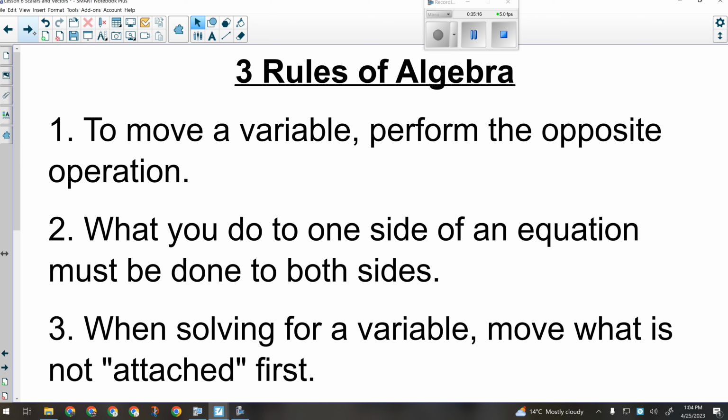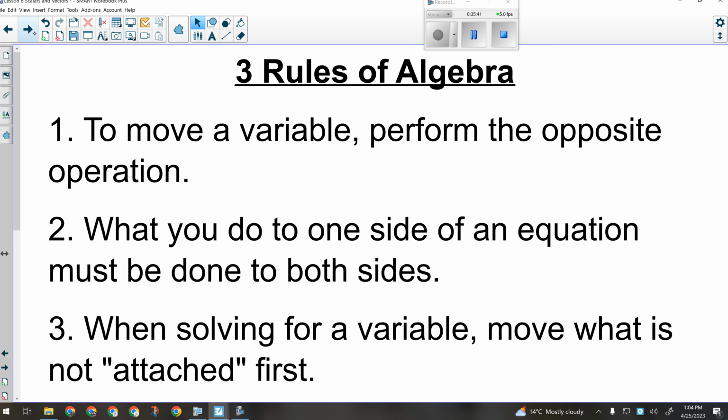If I'm already multiplying by something, I would divide by it, in order to move it to the other side. The second rule of algebra, what you do to one side of an equation must be done to both sides. So if I multiply one side by t, I have to multiply the other side by t. Everybody okay with that?